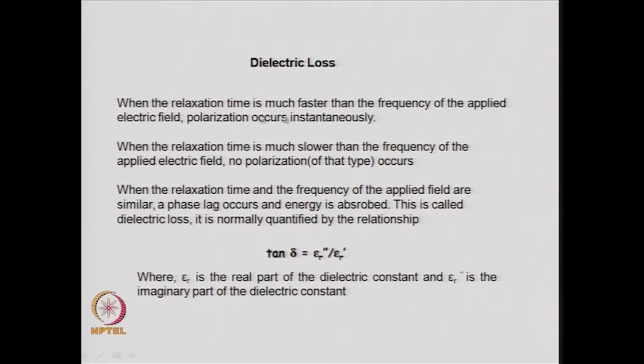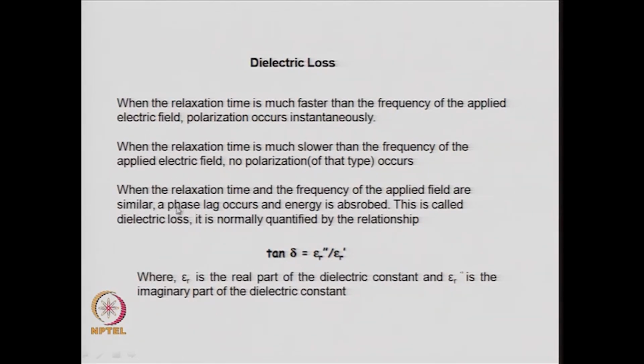Now, when the relaxation time is much faster than the period of the applied electric field, then polarization occurs instantaneously, and when the relaxation time is much slower, no polarization will occur. So, this relationship between the relaxation time and the frequency of the applied electric field is very important to understand.